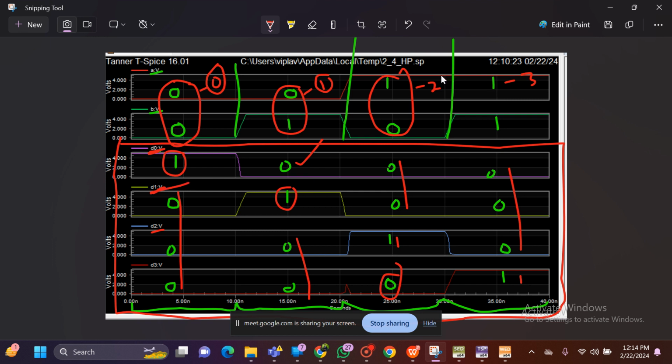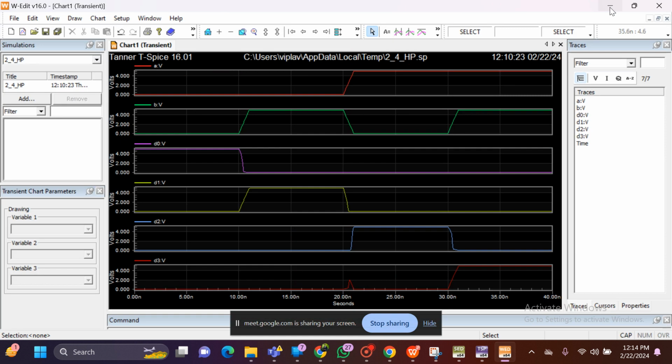Okay. It is a 2, so that's why the D2 pin is enabled. And it is a 3, that's why the D3 pin is enabled. That's it. Remaining are 0. Okay. Got it? Did you get it, guys? Yes, sir. Remaining 0. Okay, sir. Yes, sir. You got it.